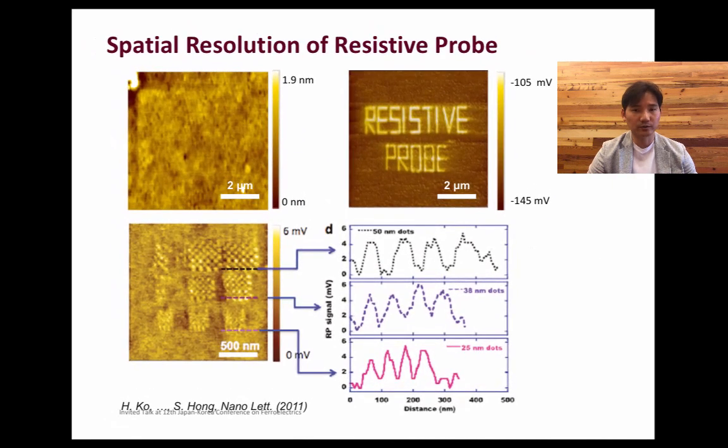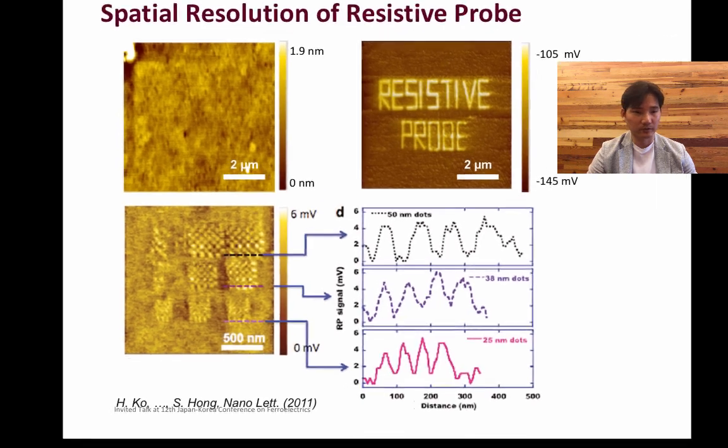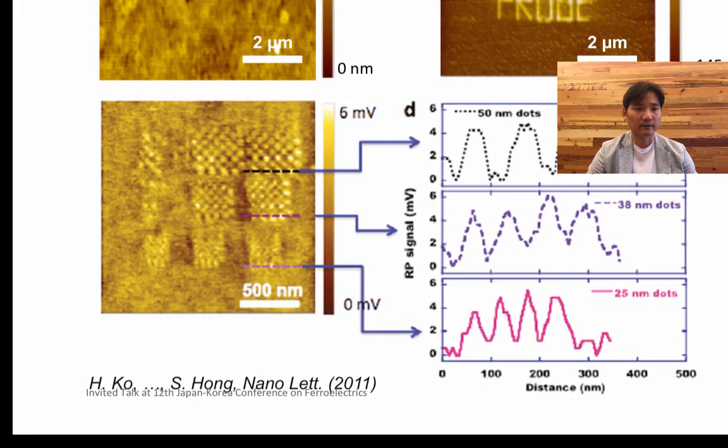So the result here shows that we were able to image the artificially written pattern like a resistive probe, as well as a checkerboard pattern, down to a spatial resolution of 25 nanometers, and this is at maximum 1 terabit per square inch.